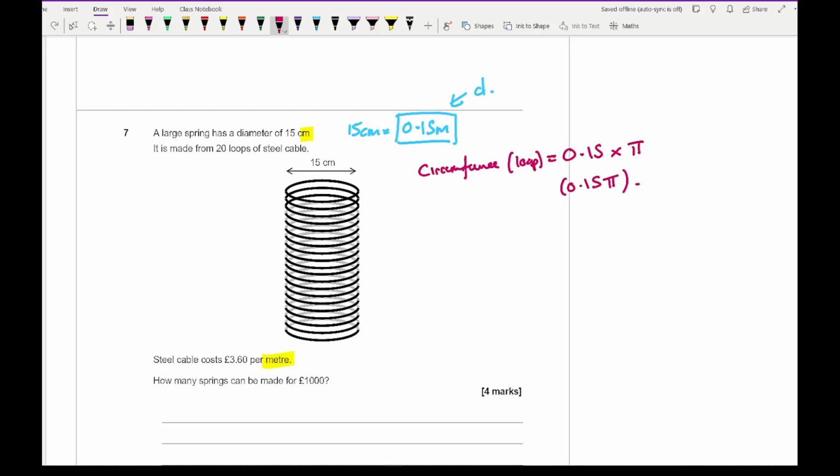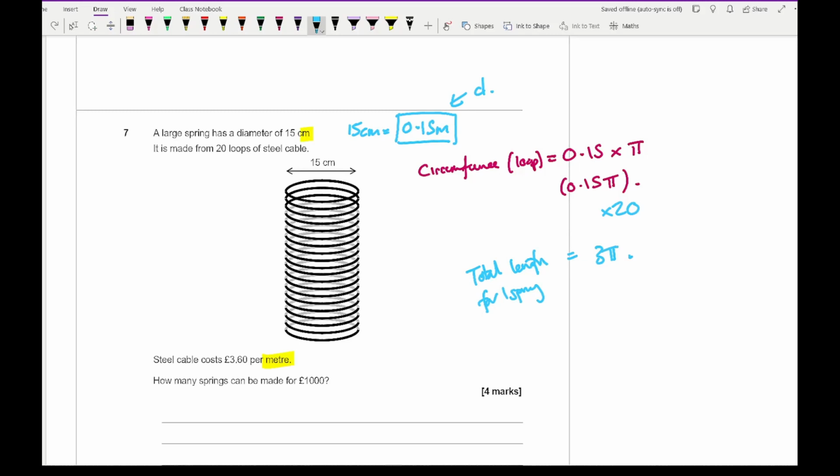Now I've got 20 of those loops, so I need to multiply that by 20, and that gives me the total length needed for one spring, which is going to equal 0.15 times 20, which is 3, times pi, gives me 3 pi. So that's how many meters are going to be needed for one spring.